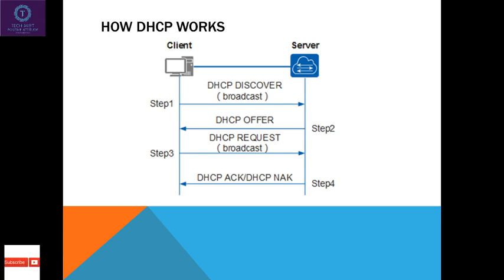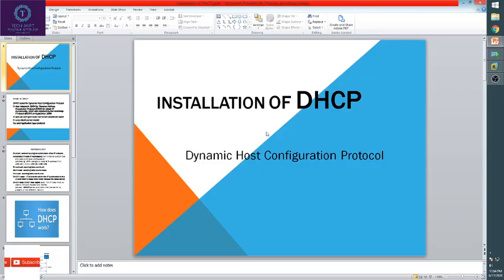That is the DHCP acknowledgement packet it will send. If the IP is already assigned to some other machine, then it will send a no acknowledgement message to the client. That's it for the introduction.